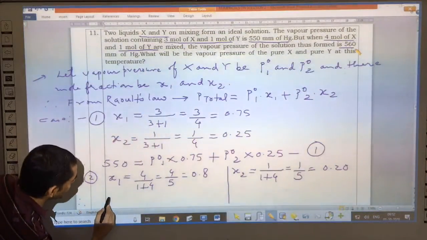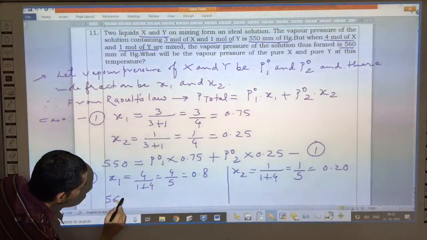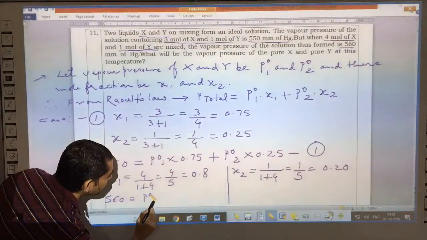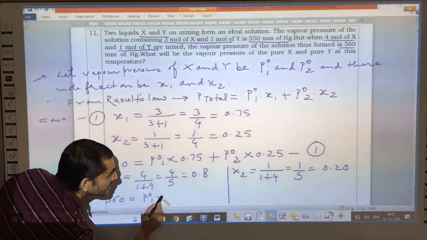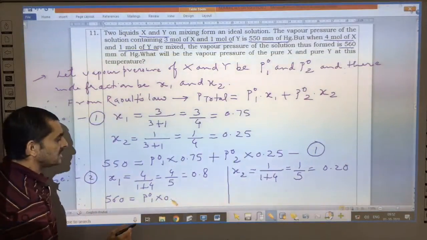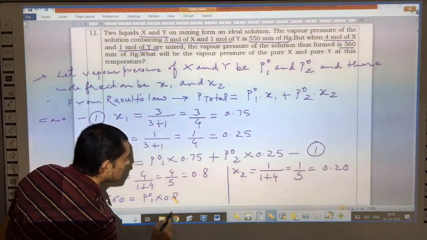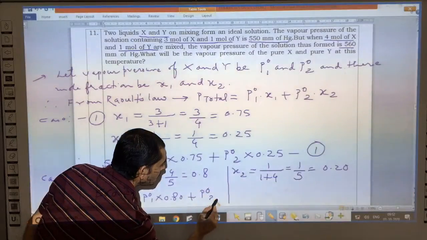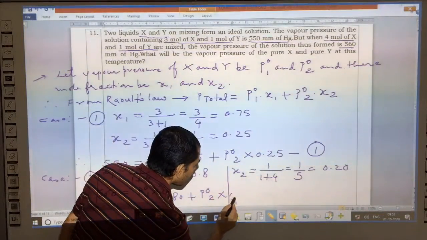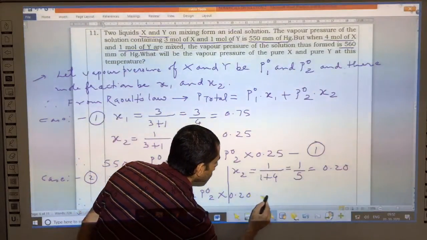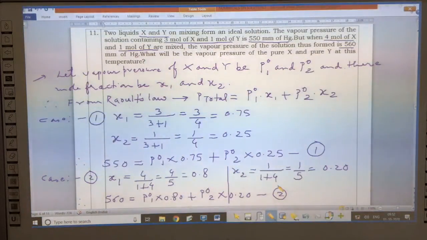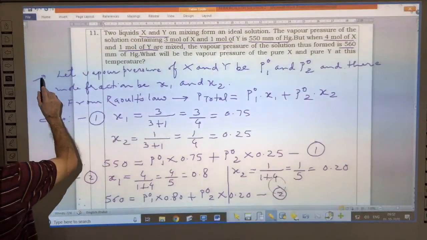Here we frame the second equation. 560 is equal to P01 multiplied by 0.80 plus P02 multiplied by 0.20, equation number 2. Clear? Now let us solve the entire question.